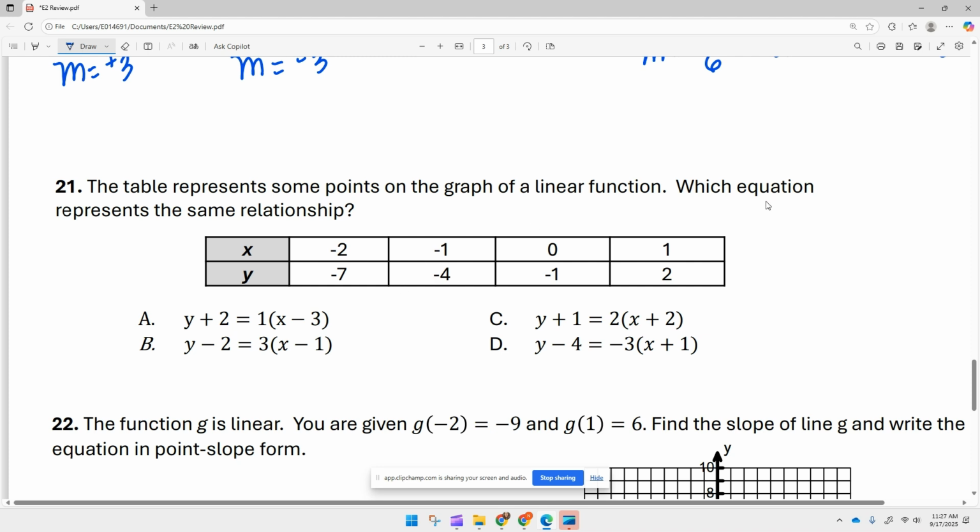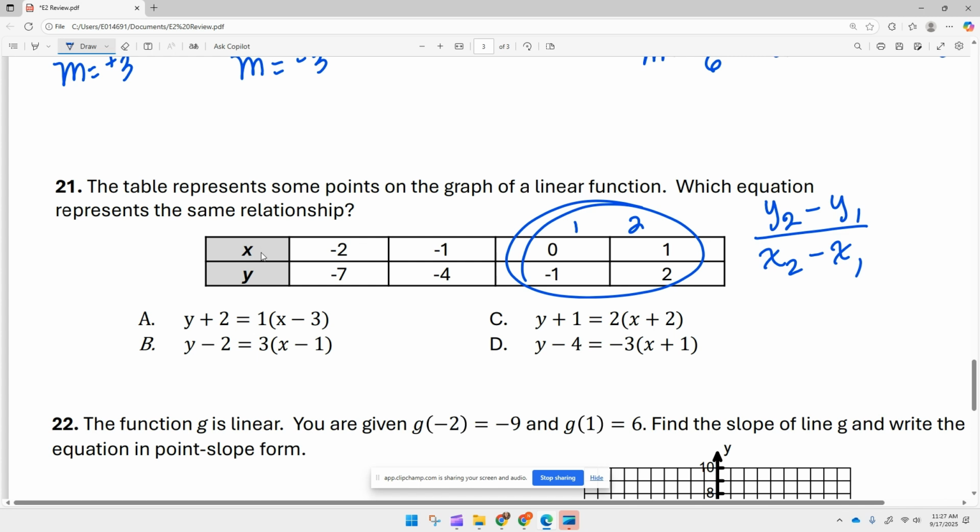So remind you, that's y2 minus y1 over x2 minus x1. I can pick any two of these points. Okay? I'm going to pick these 2 points because they're small, easy numbers to work with. That makes this my first point, this my second point.